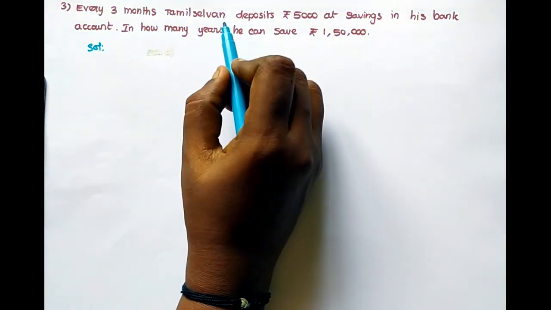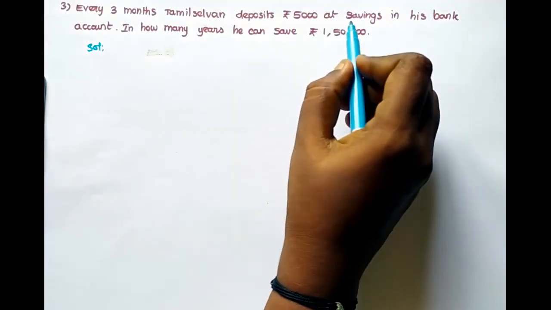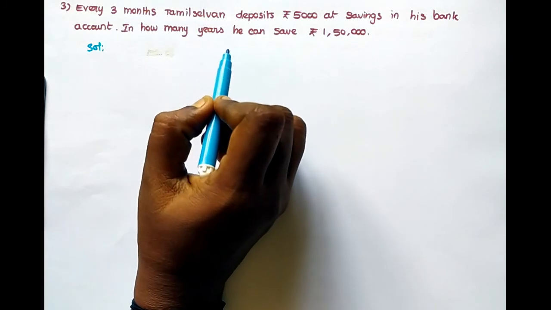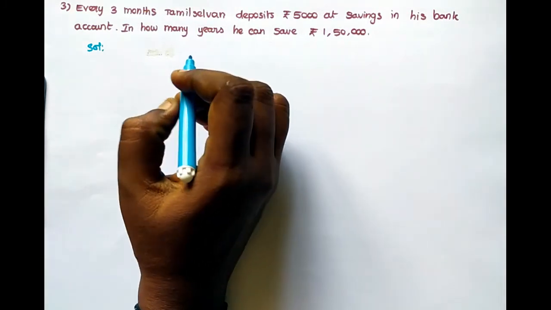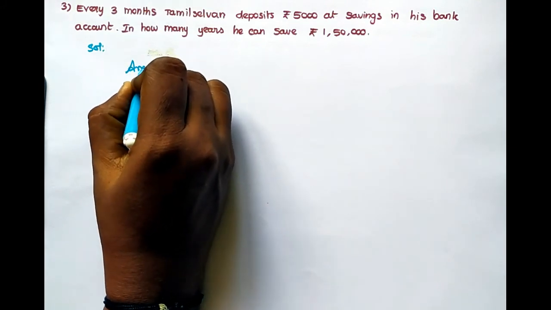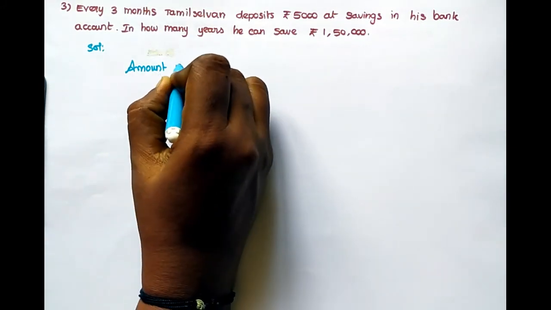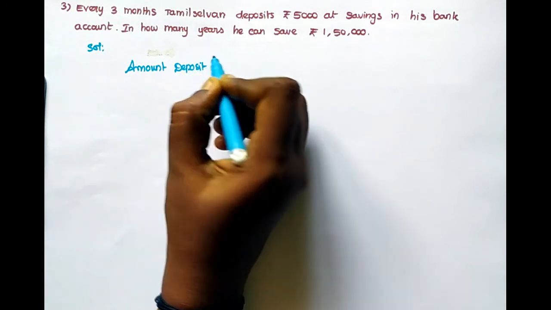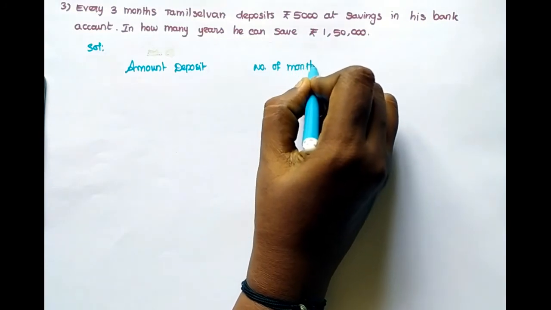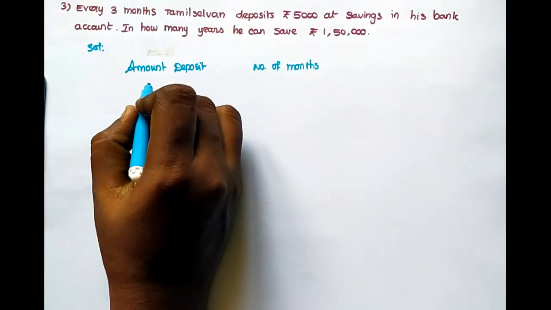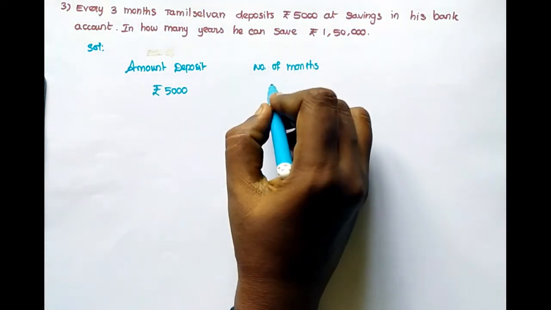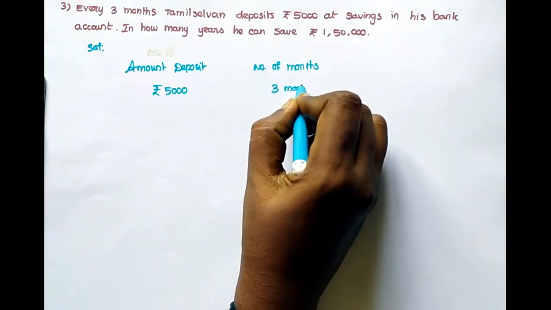Third sum. Every 3 months, Tamil Selvan deposits rupees 5,000 as savings in his bank account. In how many years can he save rupees 1,50,000? So solution. Amount deposited, number of months. First rupees 5,000, 3 months.